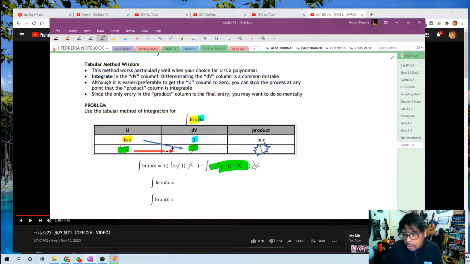Do a little bit of algebra. Now take care of that last integral. The antiderivative of dx is just x. There you have it. That's the antiderivative of the natural log of x.